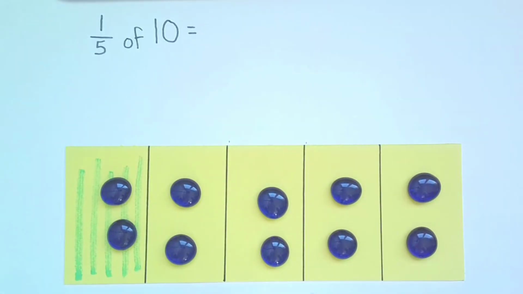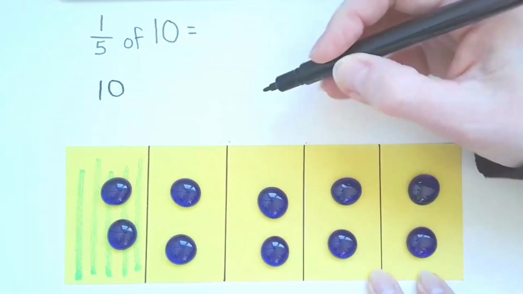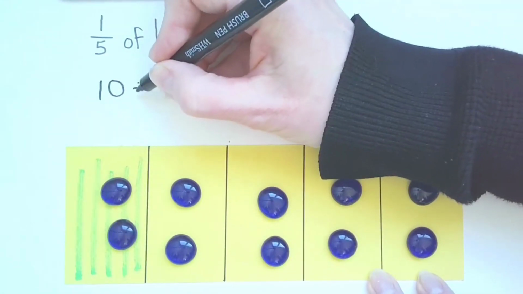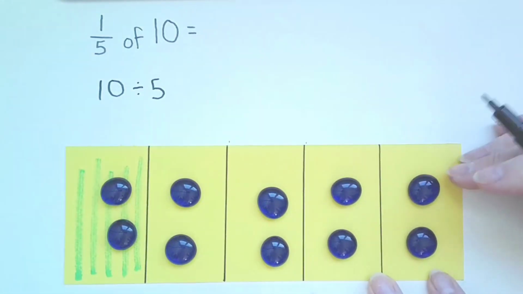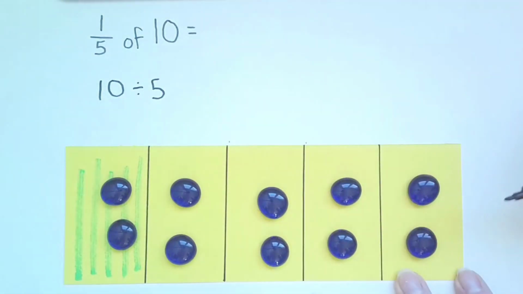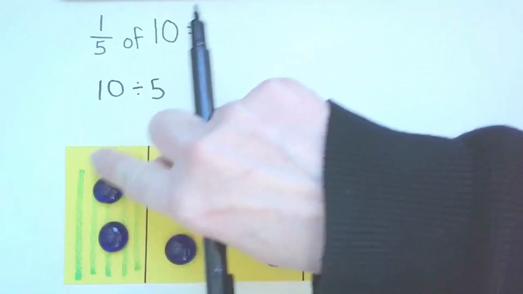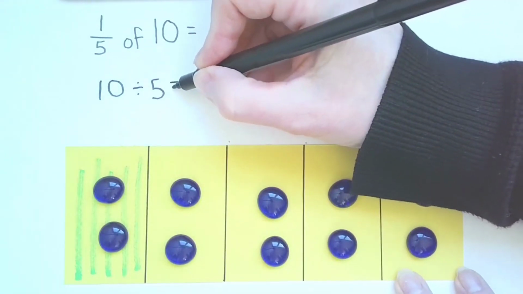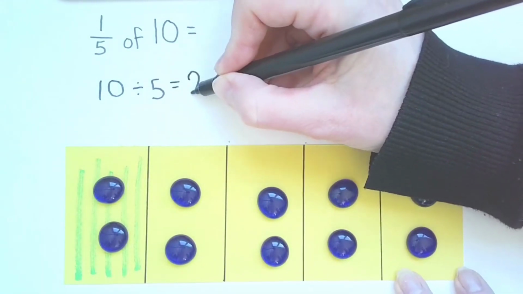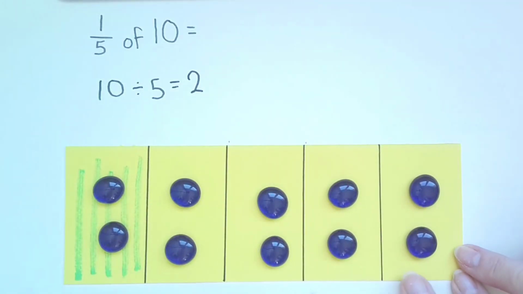So what I was doing there, the calculation I was doing is I have got my 10 counters and I've just divided them by 5. I've split them into 5 equal groups, and we can see that if we look at 1/5, there are 2 counters in there because 10 divided by 5 equals 2. We would have 2 counters in each of those parts.